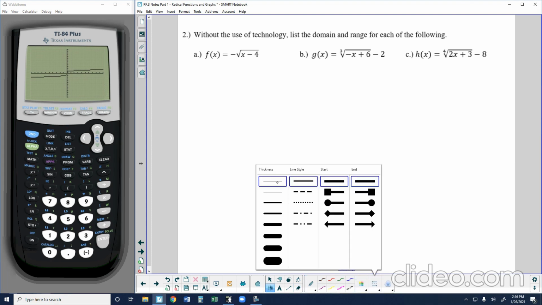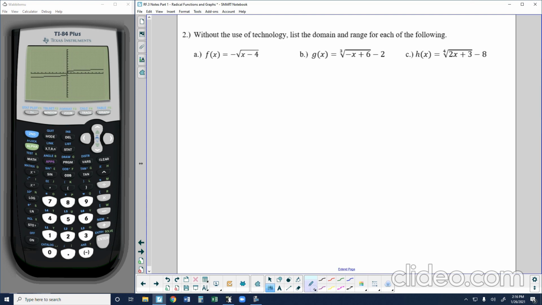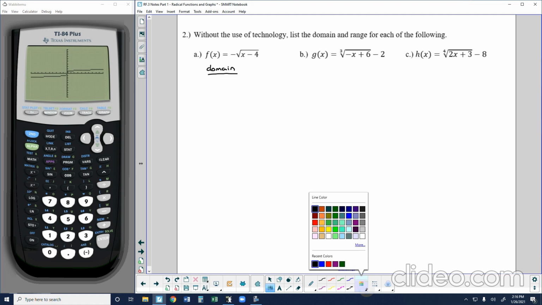So essentially what we can do algebraically is look at this as a shift to the right 4, but we could also look at this as x minus 4. That expression has to be greater than or equal to 0. This allows us to quickly find the domain. Add 4 to both sides. So the domain is going to be x is greater than or equal to 4.